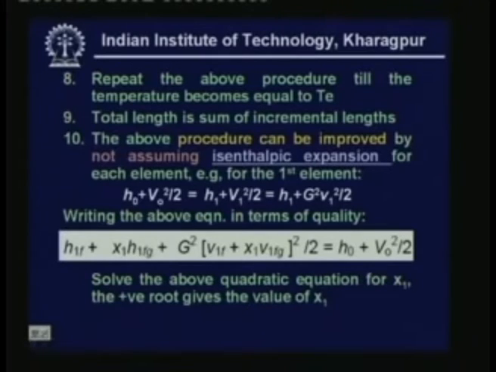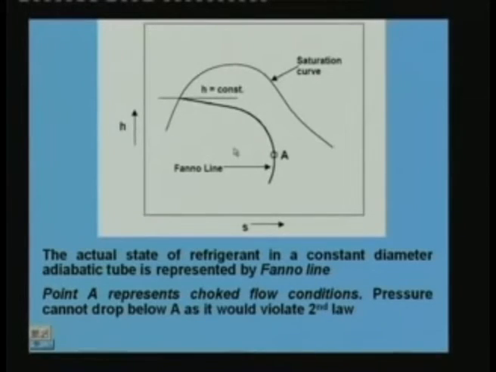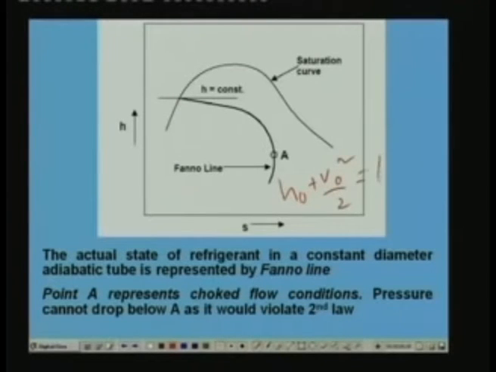You find that in actual case the flow through capillary is not isenthalpic, but the enthalpy reduces inside the capillary tube. Why the enthalpy reduces? The enthalpy reduces because from the energy balance equation at any point, H0 plus V0 square by 2 is equal to H1 plus V1 square by 2, and we know that in the direction of flow the velocity increases, that means V1 is greater than V0.